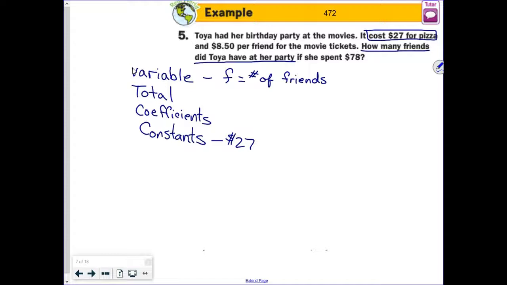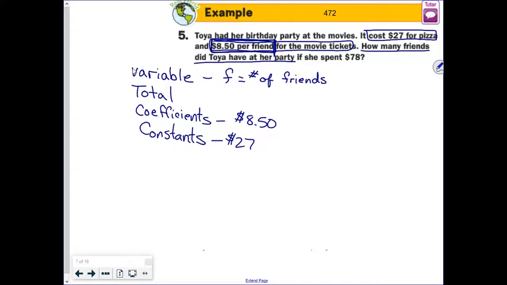And it cost $8.50 per friend for movie tickets. So it's $8.50 per friend. We know that if we have a number per something, that indicates the coefficient because that indicates multiplication. So $8.50 is going to be our coefficient, and it's per friend.